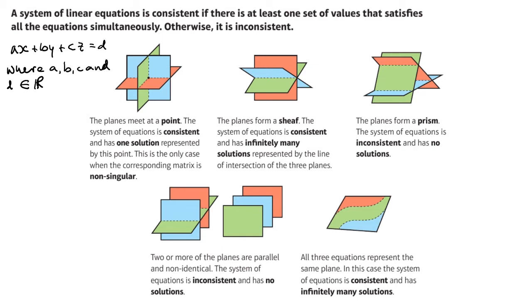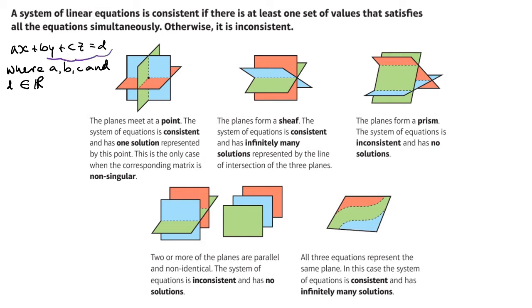Okay, so they could be whole numbers, they could be fractions, decimals, they could be positive, negative. When we solve equations like that, these equations give a plane. They don't give a line, they give a plane.